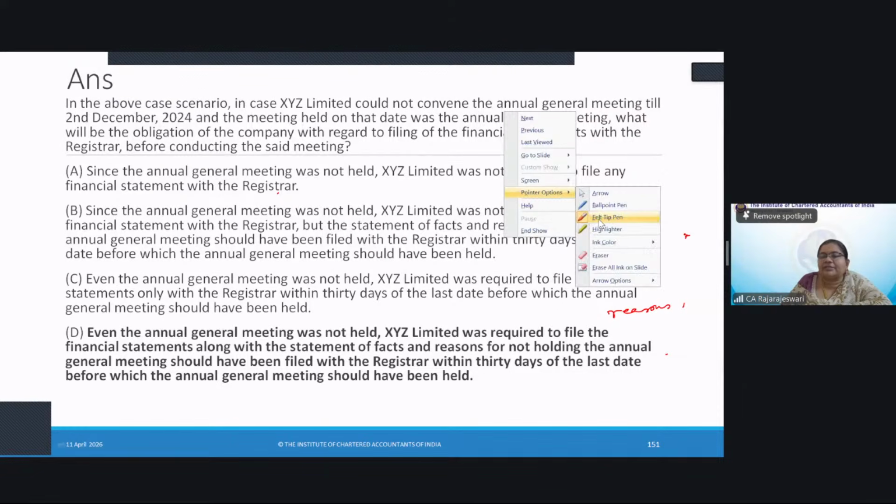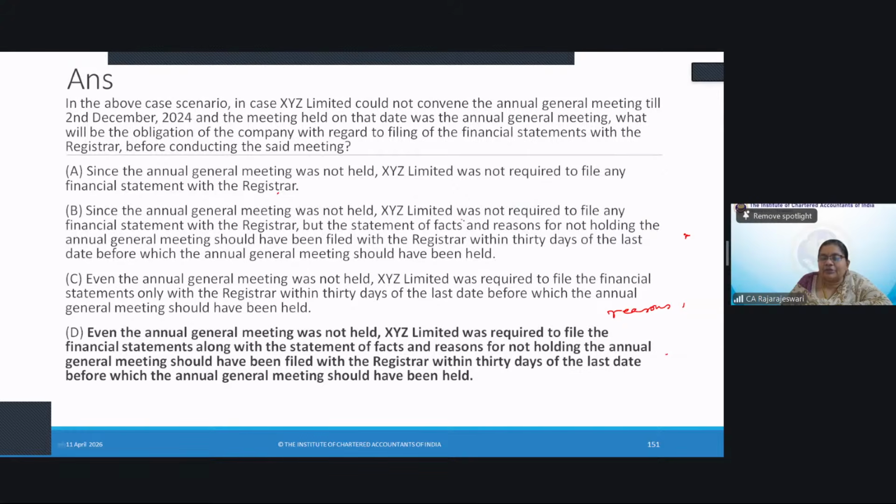See, the concept here is it was not required to be filed. Here it was required to file the financial statements along with the statement of facts and reasons for not holding the annual general meeting within 30 days. You remember, in the annual return, for ought to have been held, that is 60 days. Within 60 days, you should file it with the registrar.